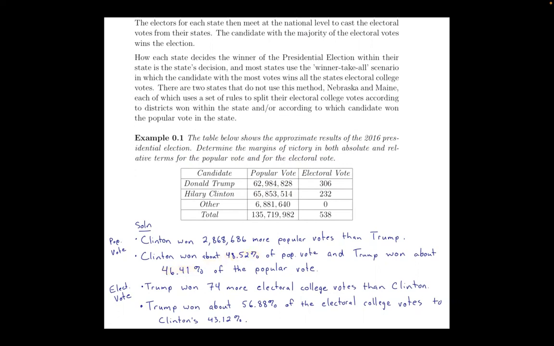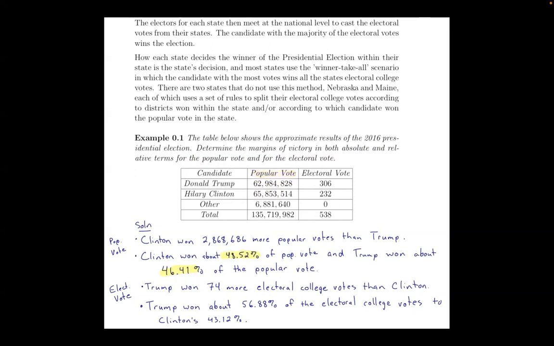So let's keep one thing in mind. The popular vote, neither candidate won the majority of the popular vote, right? Well, you might say, how's that possible? We had two main candidates and one of them won. Well, for one thing, this is the popular vote, which doesn't actually determine the election for the president.